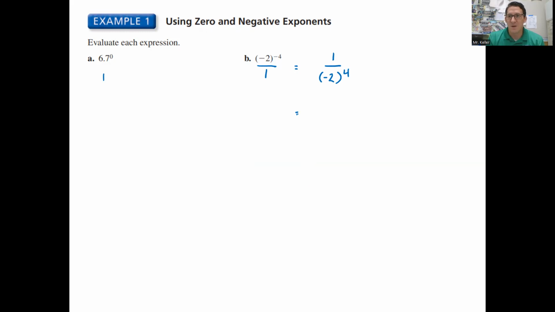If we want to evaluate that, negative 2 times negative 2 is positive 4, times negative 2 again is negative 8, times negative 2 again would be positive 16. So this would be 1 over 16.